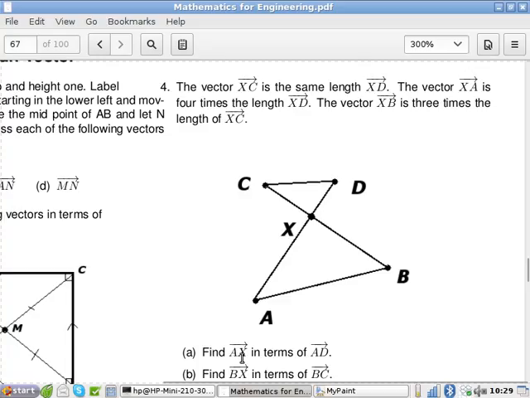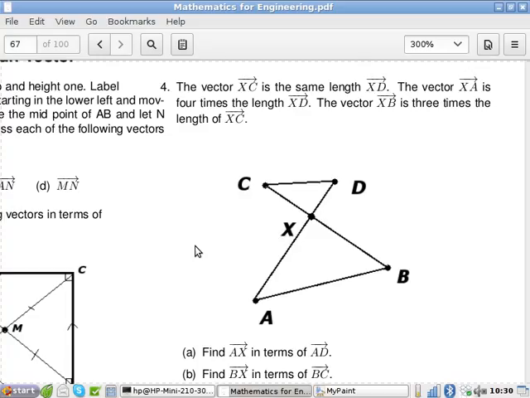Find AX in terms of AD. So what, 3 over 5 AD?